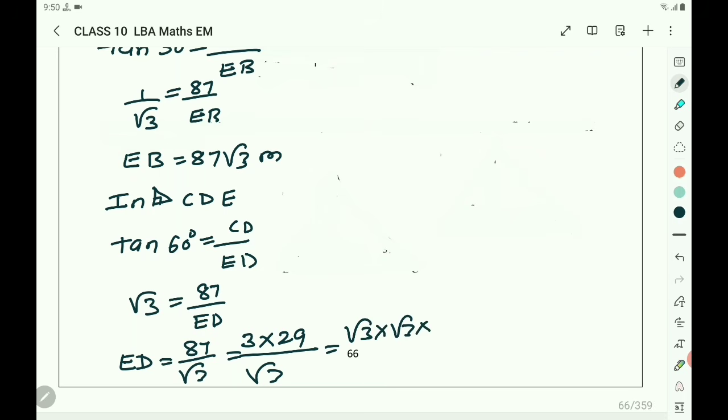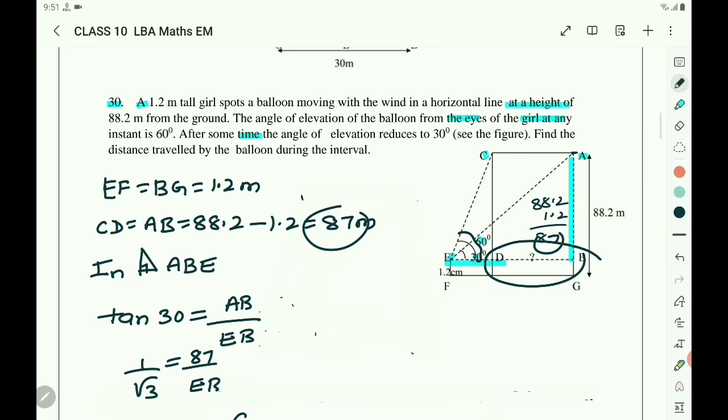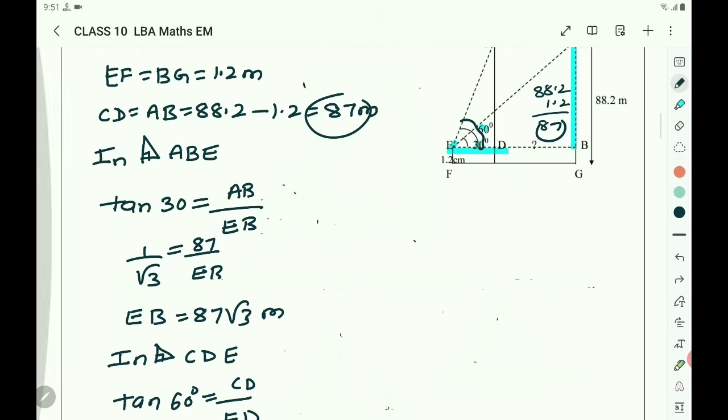Root 3 cancels. You got 29 root 3. Then we have to find DB. DB is equal to what? EB minus ED, right?